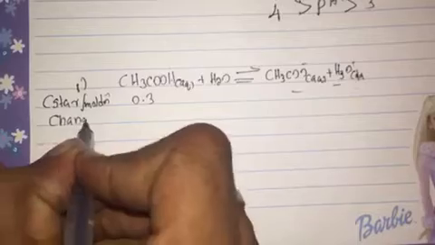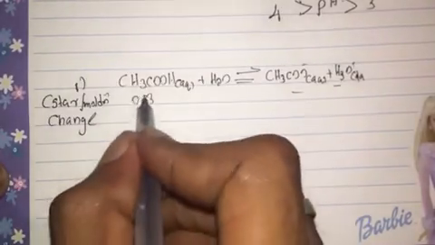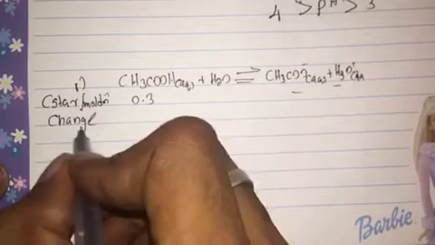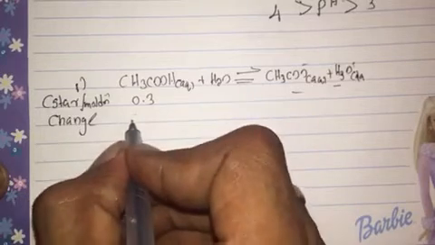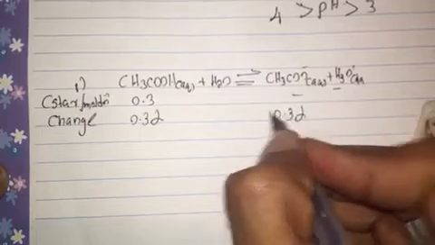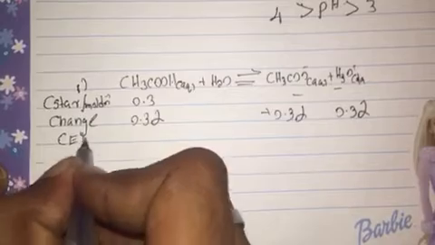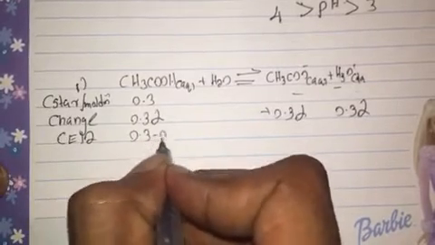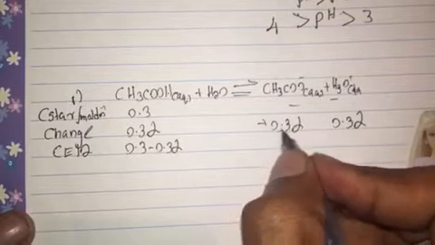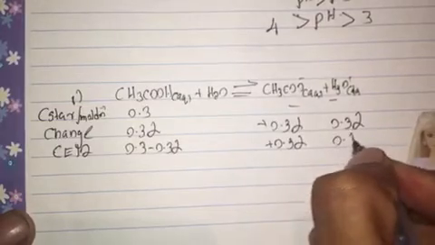See the change. We use alpha for degree of dissociation. Here we have 0.3 mol dm minus 3. The concentration change is 0.3 alpha, here 0.3 alpha, here 0.3 alpha. At equilibrium, 0.3 minus 0.3 alpha, here 0.3 alpha, 0.3 alpha.